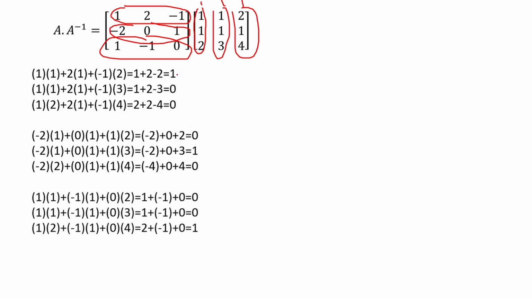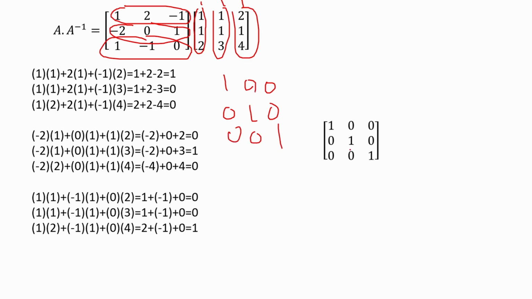So it will be 1 0 0, 0 1 0, 0 0 1. Yes, the answer is the identity matrix. It means that this matrix inverse is correct.